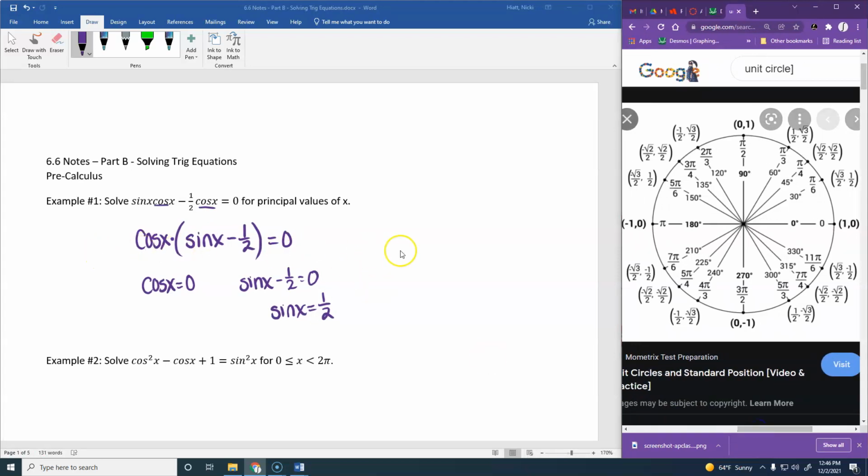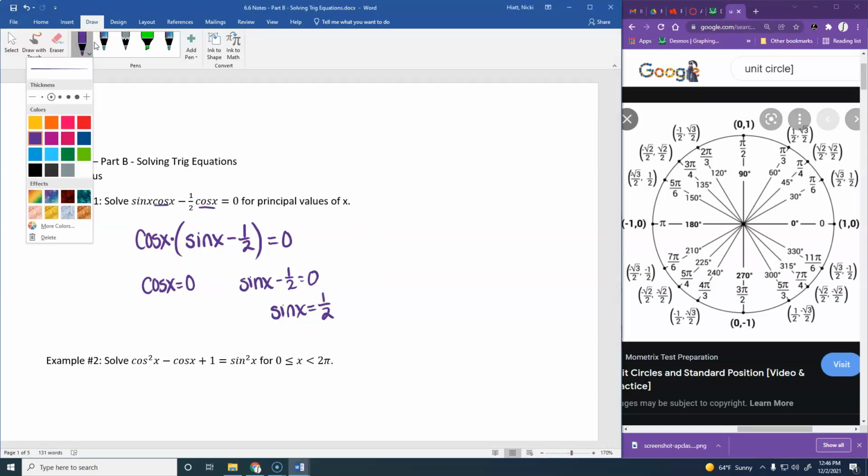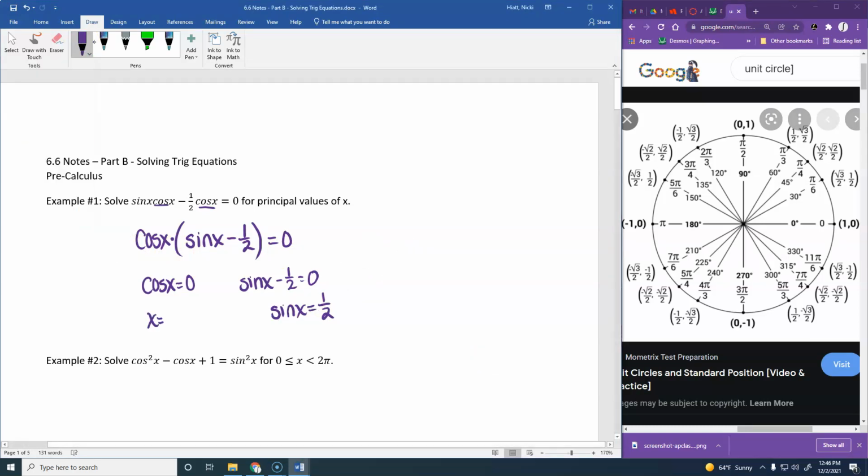Okay, so cosine equals 0 where? Pi over 2. And where does sine equal 1/2? Pi over 6, which is one of the answers that I got whenever I tried this problem the other way, but I didn't get the pi over 2.